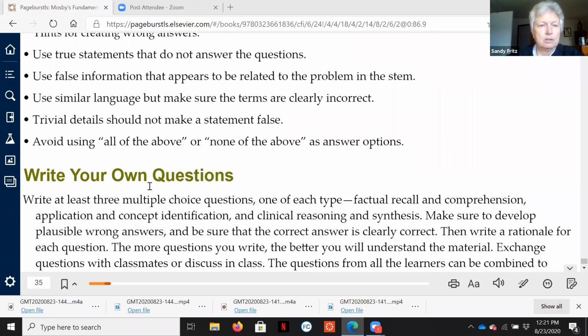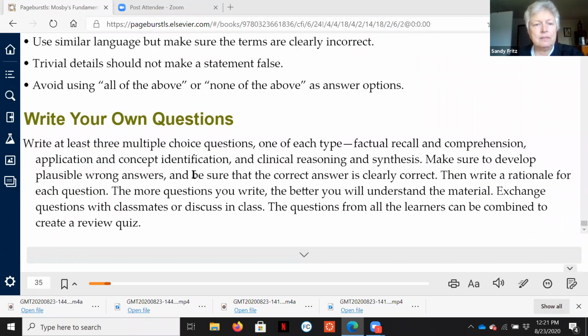Okay, so this would be then the assignment. Write at least 3 multiple choice questions, 1 of each type: factual recall, comprehension, application, and concept identification. And then a real story problem type, which is clinical reasoning and synthesis.